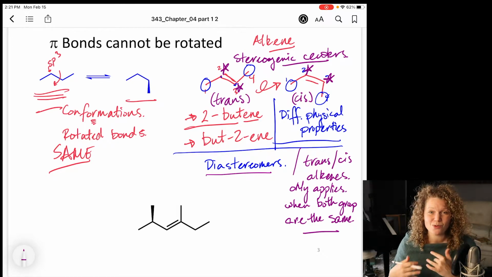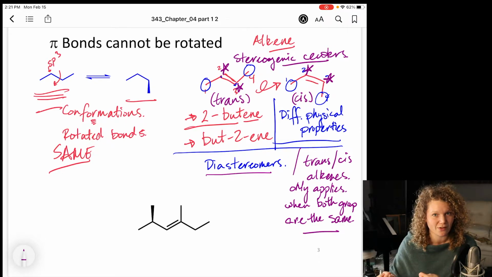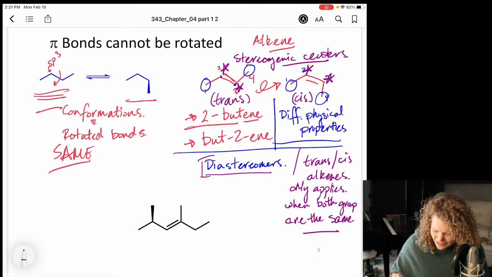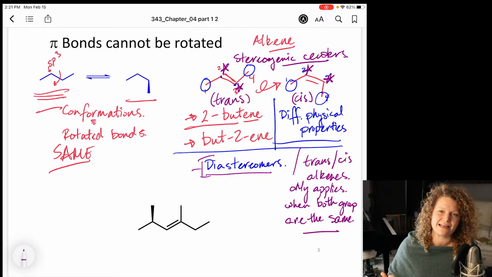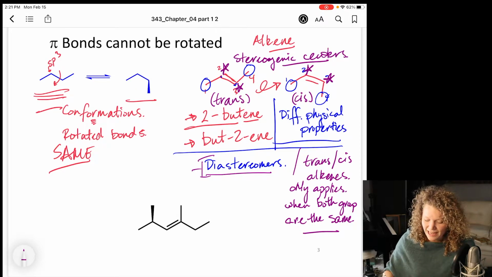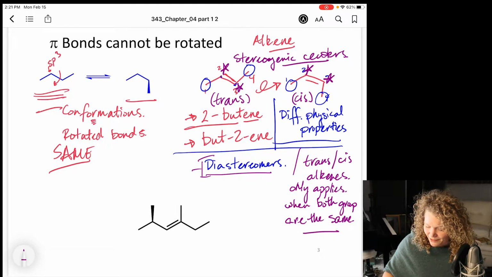When you have this cis or trans alkene, they are considered diastereomers of each other. Diastereomers is just the term saying that these 2 alkenes are related, but they have a difference in the stereogenic center. One of the carbons here has a methyl group that's in a different place than the other one, and we can see that visually.